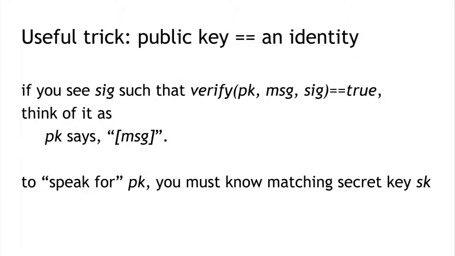You can literally think of a public key as kind of like an actor or a party in a system, and they can make statements by signing those statements. In that mindset, this public key is like an identity. It's an actor who can do stuff in the system. And for someone to speak for PK, that is, to make statements that will be seen as coming out of PK's mouth, you have to know the matching secret key, SK.